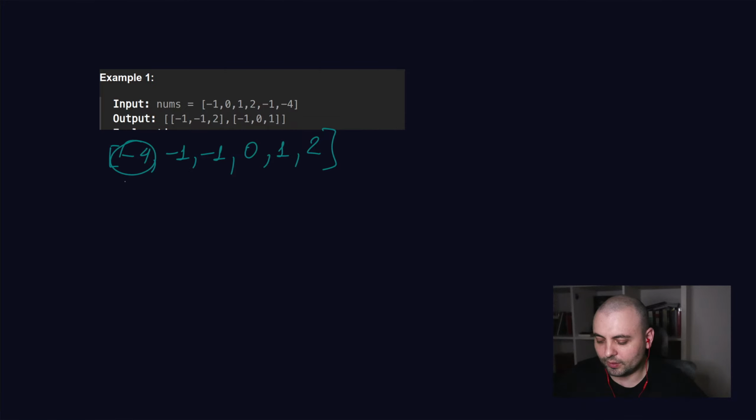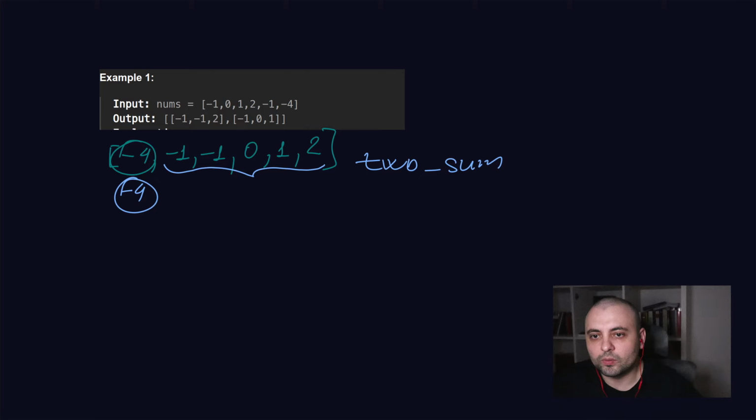So this will be my picked number. So in the remaining vector, I'll need to apply my twoSum algorithm, which I've just added, to find the target to be 4, because in sum, both of them need to be 0. So I have -4 being the first, or 4 being the second.